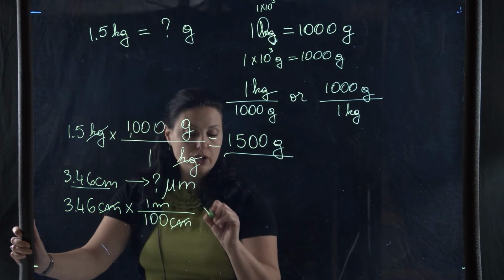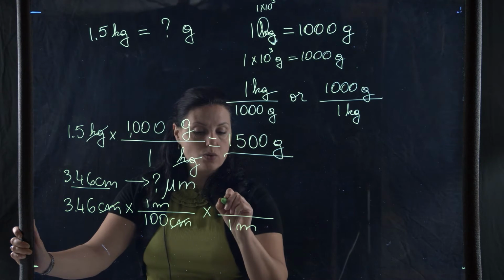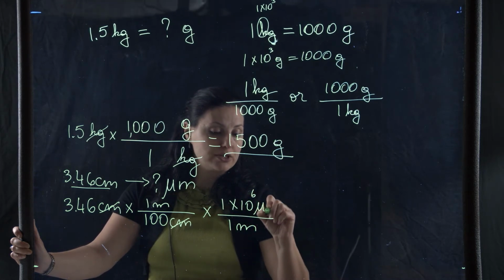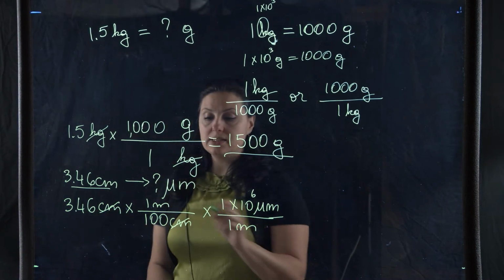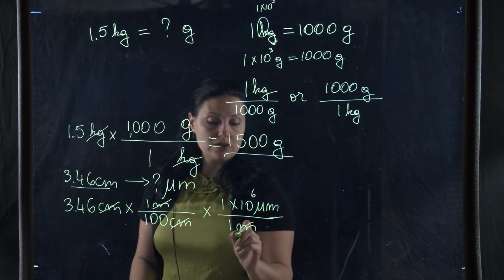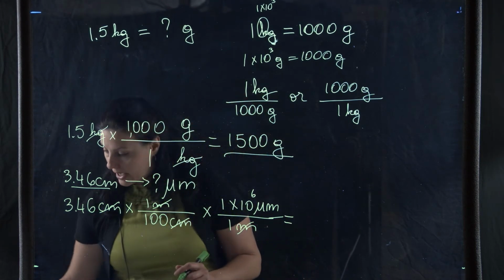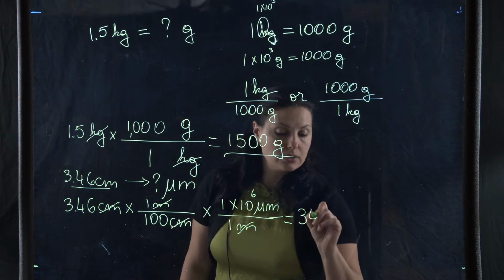And I also know that 1 meter has 1 times 10 to the 6th micrometers from the table that is in your chapter. My meters will cancel. So if I do all of this, I should have 34,600 micrometers.